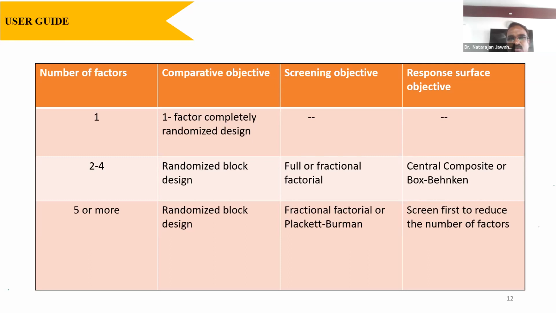In full factorial, you cannot go beyond 5 factors. If the factors are more than 5, it's better to go with fractional factorial design. That's nothing but a kind of full factorial design which removes the insignificant factors that do not influence the response. And even in response surface method also you can go.